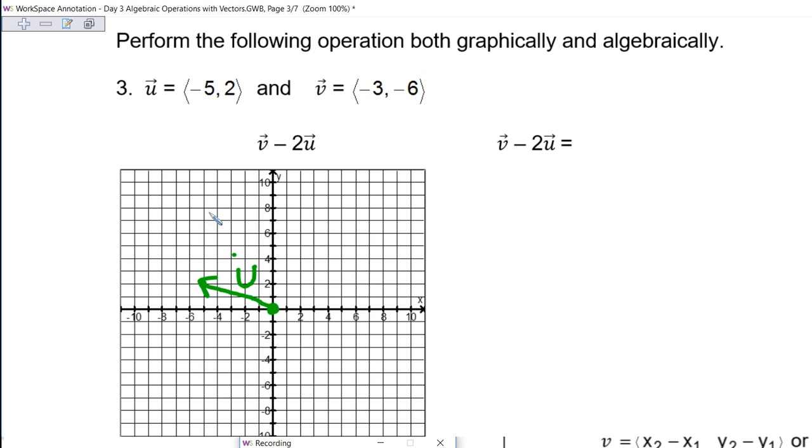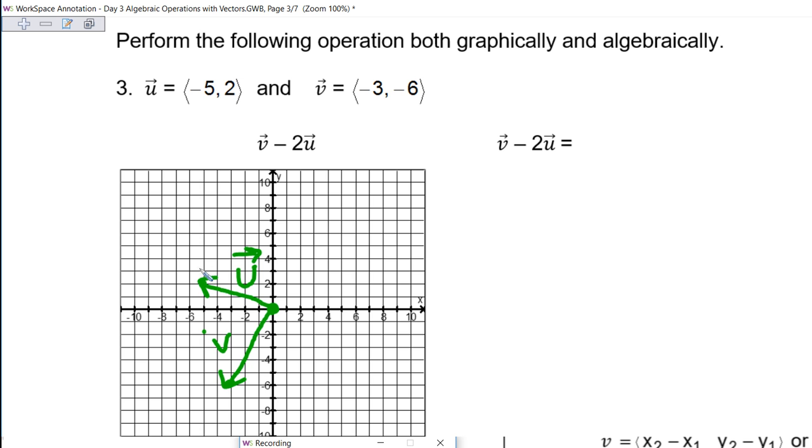Vector v is also in component form, so its initial point is also at the origin, and its terminal point is at negative 3, negative 6. Now, what we're about to do is what we did on Monday when we constructed these vectors geometrically, not algebraically.